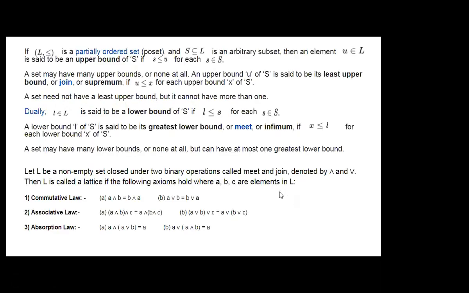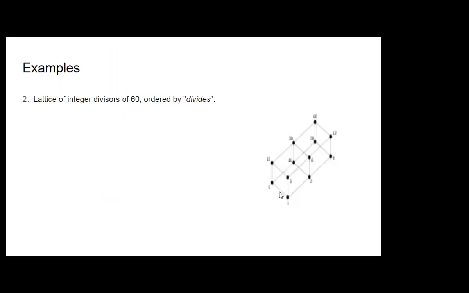Then the next example given here is the lattice of integer divisors of 60 ordered by divisibility. The operation given here is divide, and which integers are there?